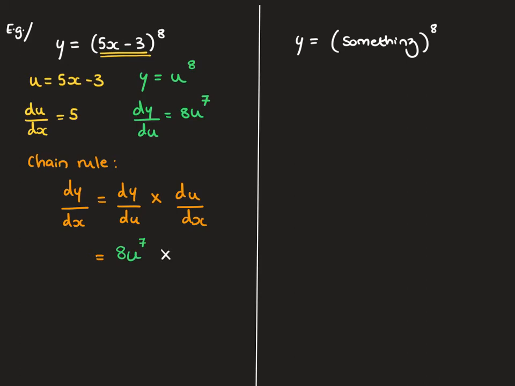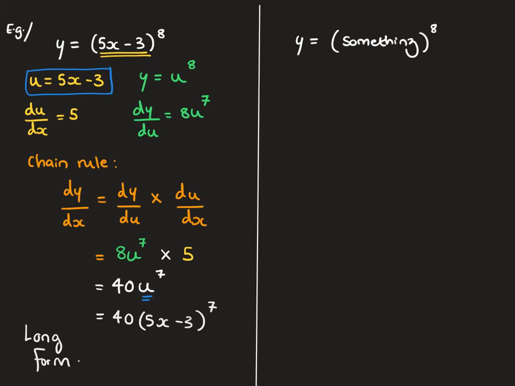And du by dx we have in yellow, it's 5. This then gives us 40u to the power of 7, which we can simplify by replacing u with what we have up here. So the answer is 40 (5x minus 3) to the power of 7. So that's the long form of the chain rule.